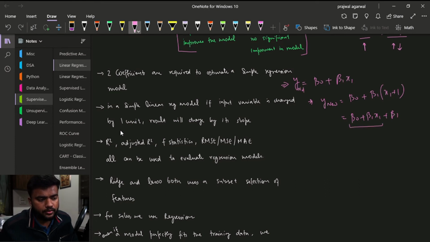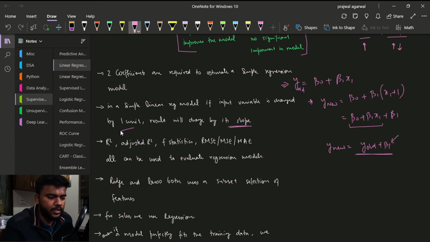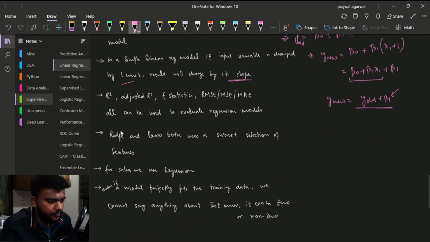Okay, this is the old value. Then we have new equals old plus b1, and that was the question, and that was the answer: in a simple linear regression model, if the input variable is changed by 1 unit, the result will be changed by its slope, and b1 is the slope. Okay, so this was a very mathematical thing.